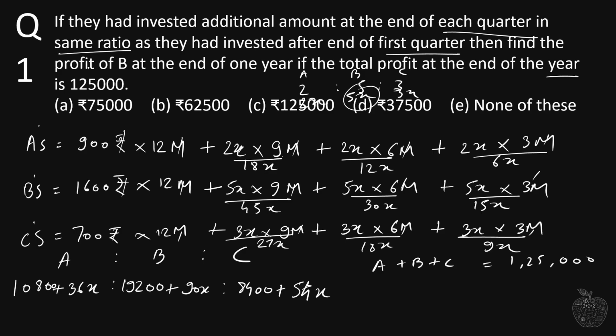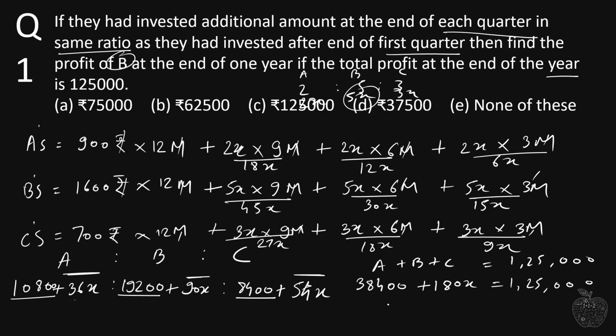This is what is given to us, and we have to find out for B. So let's calculate. 10,800 plus 19,200 plus 8,400 will give me 38,400, and 36x plus 90x plus 54x will give me 180x, and this is equal to 1,25,000.